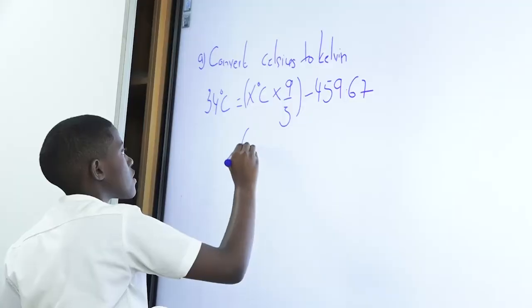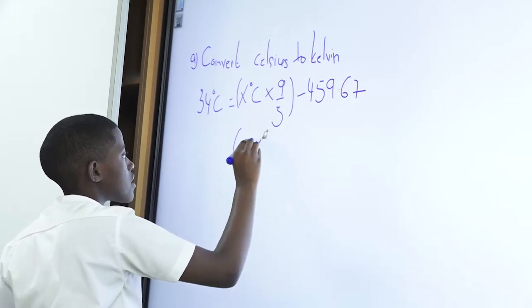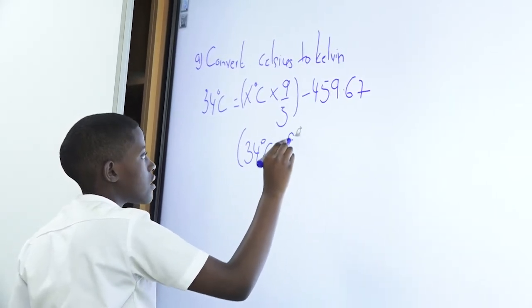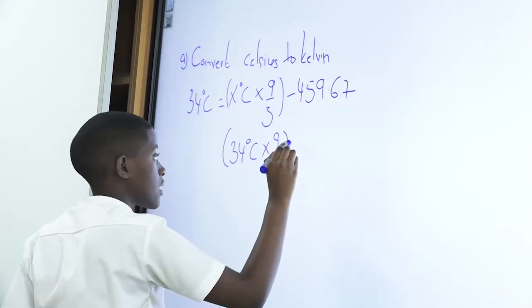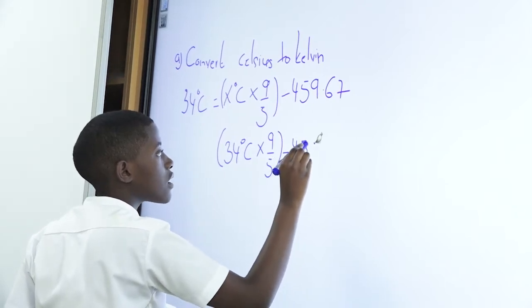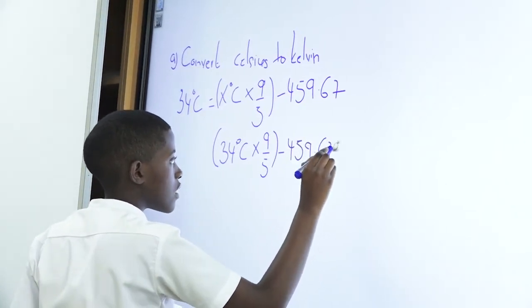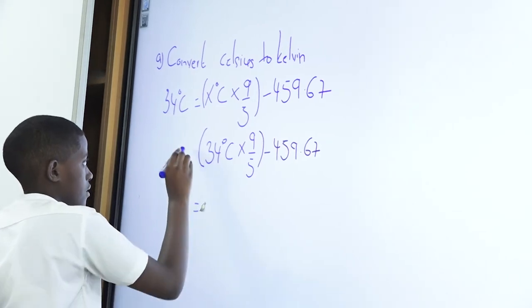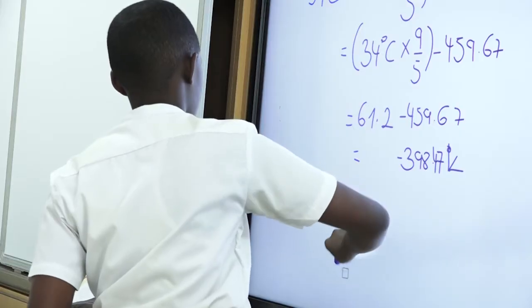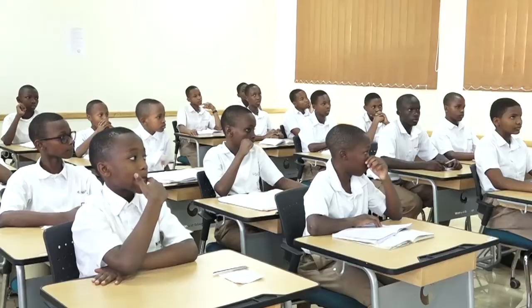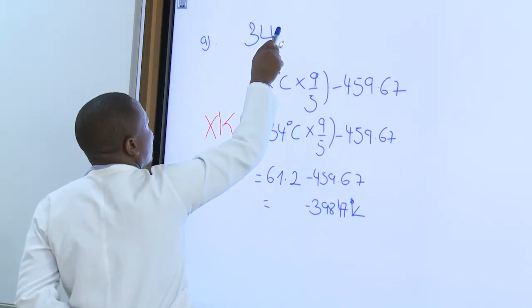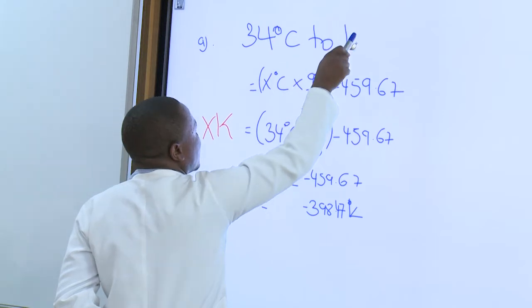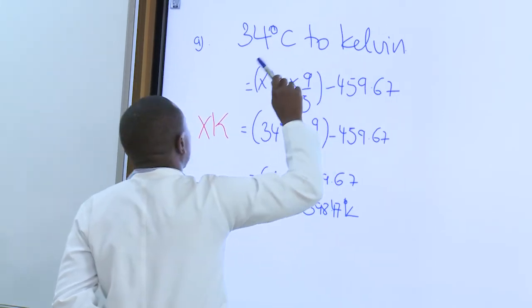It is 34 degrees Celsius times 9 over 5 minus 459.67. Okay, thank you so much. Then the question is this one: 34 degrees Celsius to Kelvin.